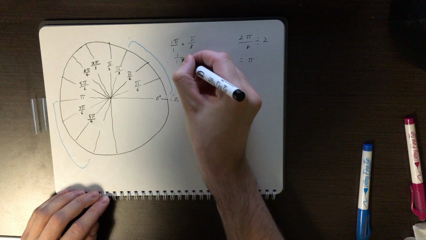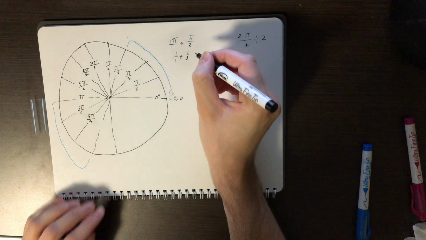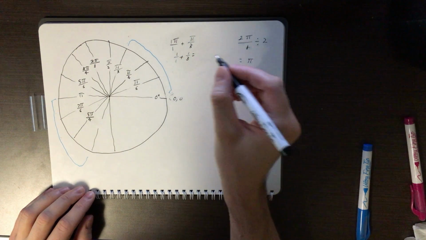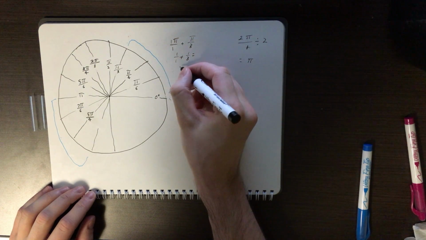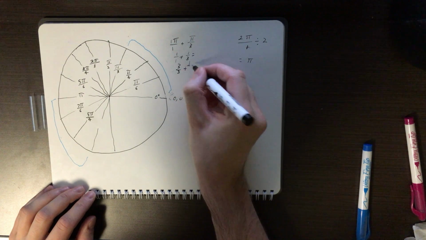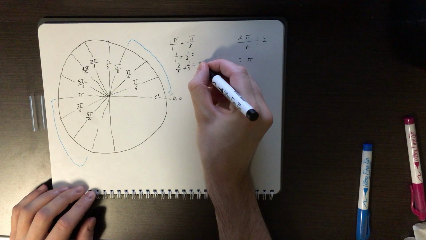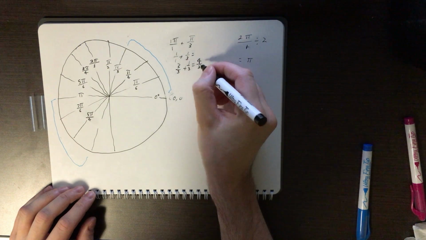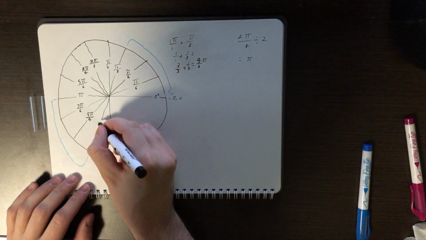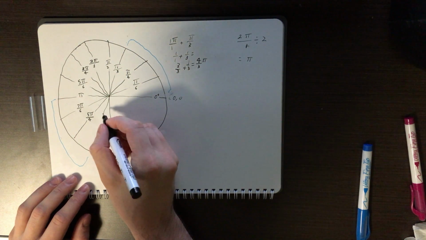Ignoring the pi's, we're just going to think of it as 1 over 1 plus 1/3. And when we find the lowest common denominator, we'll have 3 over 3 plus 1 over 3 equals 4/3 pi. Four pi thirds.